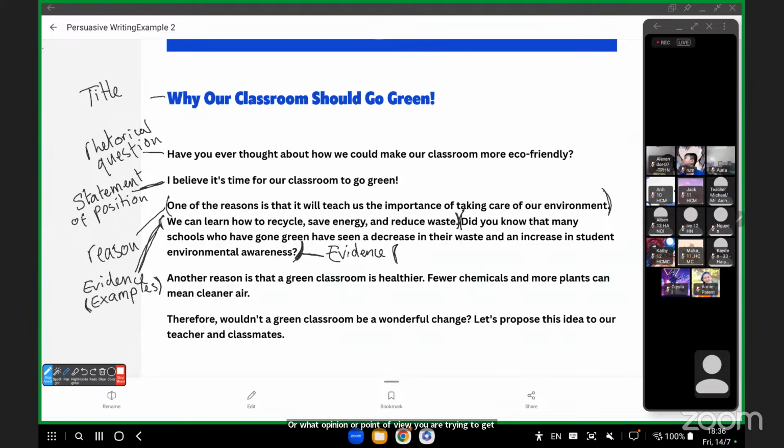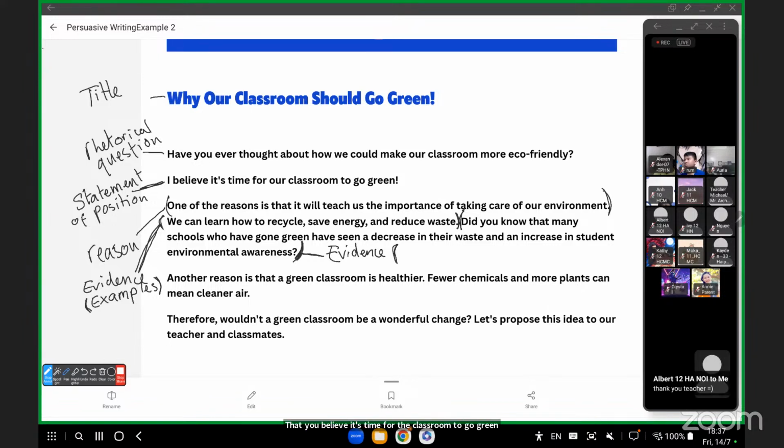So in this document, the statement of position is, I believe it's time for our classroom to go green. So this person is writing to their classmates to try to convince them to go more environmental in their classroom. So the statement of position is where you let your audience know that you believe it's time for the classroom to go green.